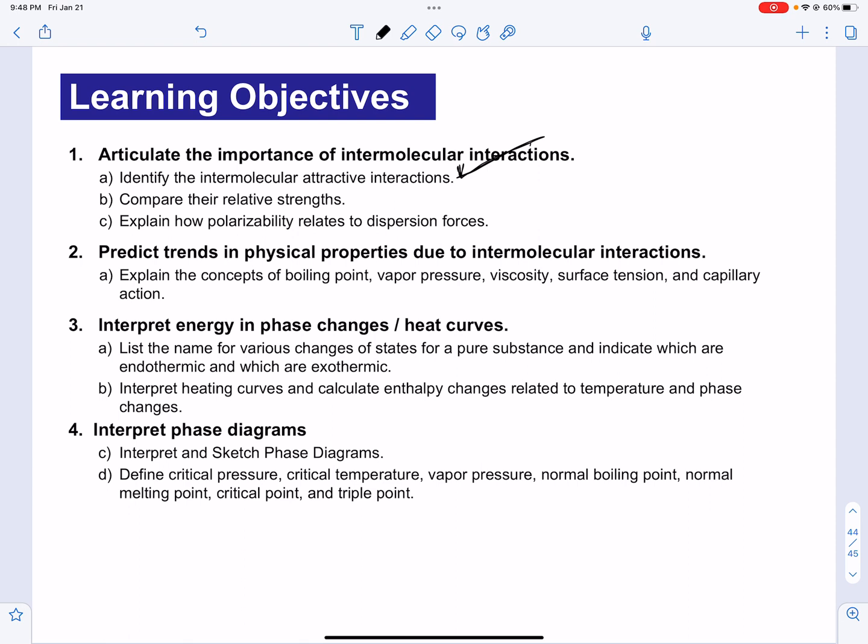And then hydrogen bonding only happens when you have hydrogen attached to fluorine, or a portion of the molecule contains OH, or a portion of the molecule contains NH. Dispersion is the weakest, depending on how big the molecule is. The bigger the molecule is, it could be stronger than dipole-dipole. Then it's followed by hydrogen bonding, and then the ionic.